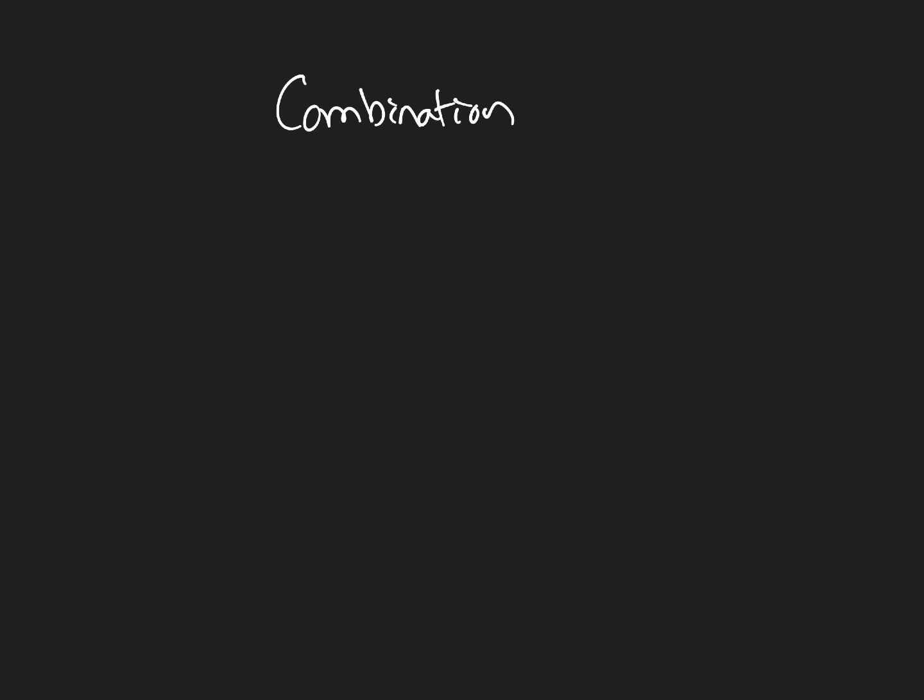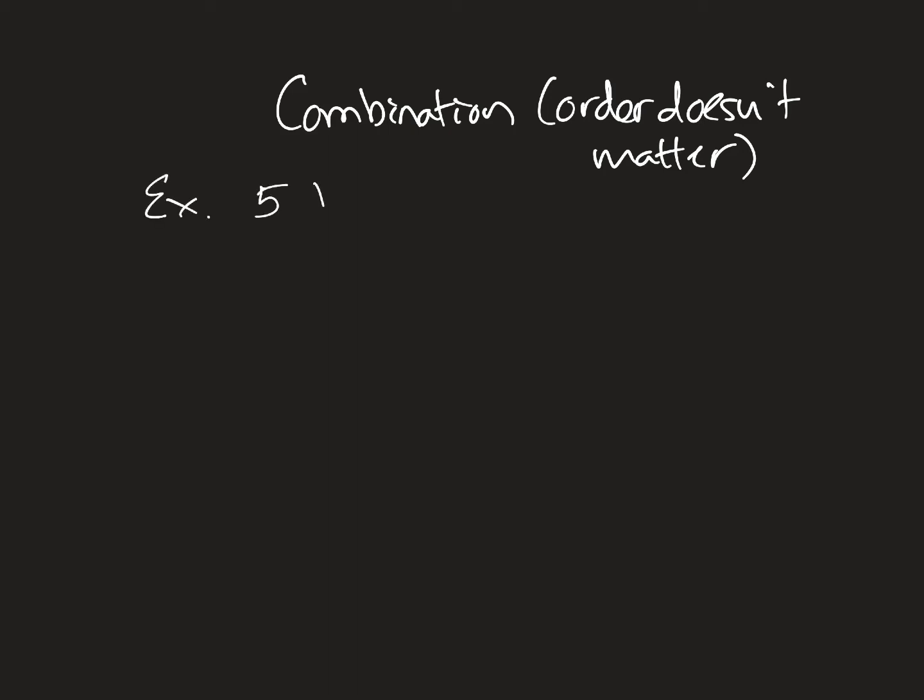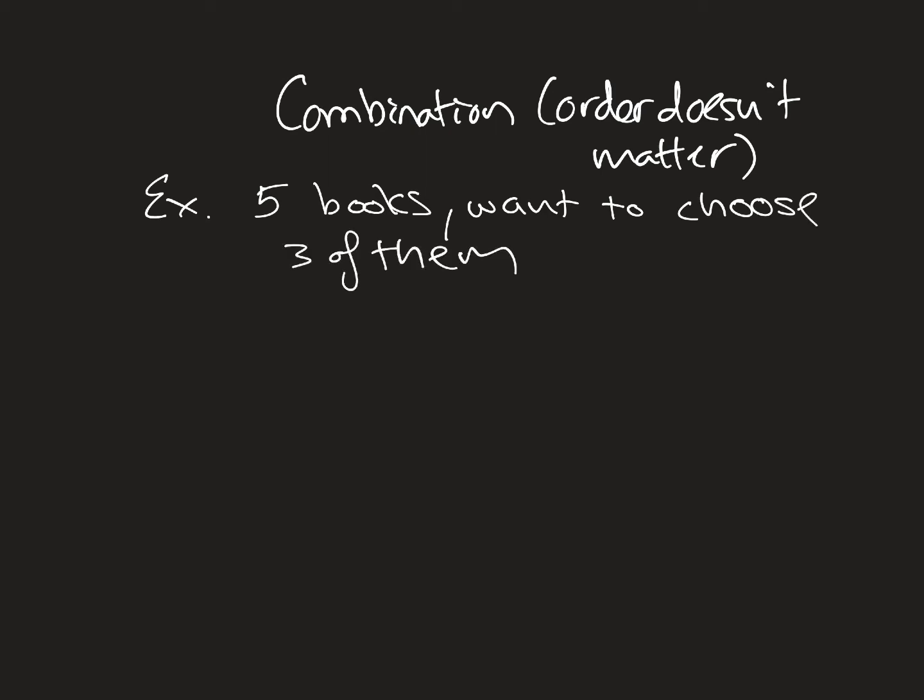We just said order doesn't matter, and I'm going to go with this same example, except order not mattering. I have 5 books and want to choose 3 of them. No mention of order here, so order presumably is not mattering.